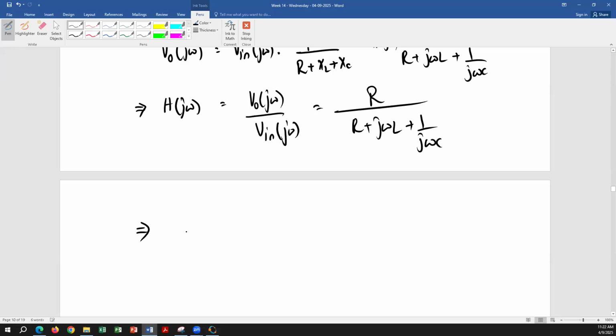And if we simplify it and write it down in terms of denominator over numerator, then we are going to get j omega RC divided by j omega RC plus j square, which will be -1, so negative omega square LC plus 1.